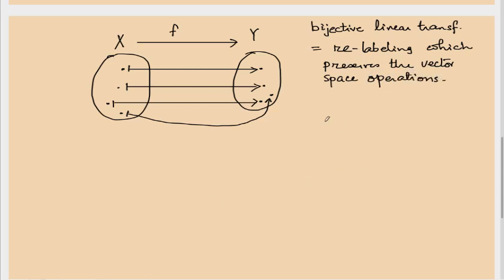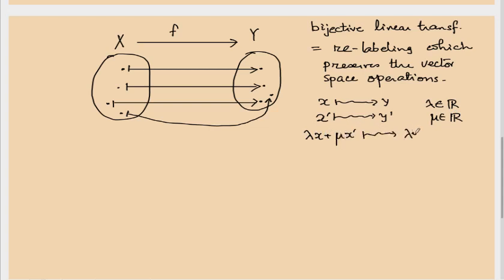What does it mean? Suppose x is relabeled as y and x prime is relabeled as y prime, then for any lambda and mu in R, what does lambda x plus mu x prime get relabeled to be?